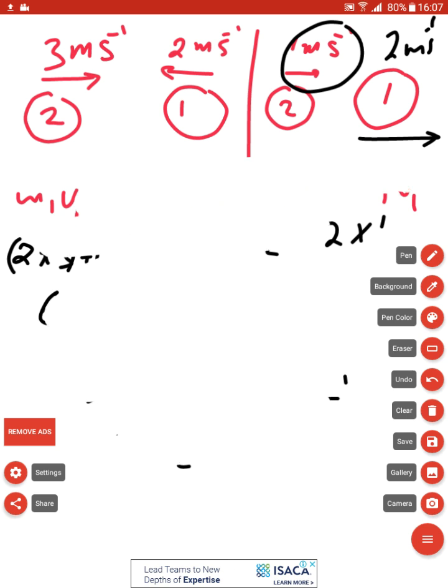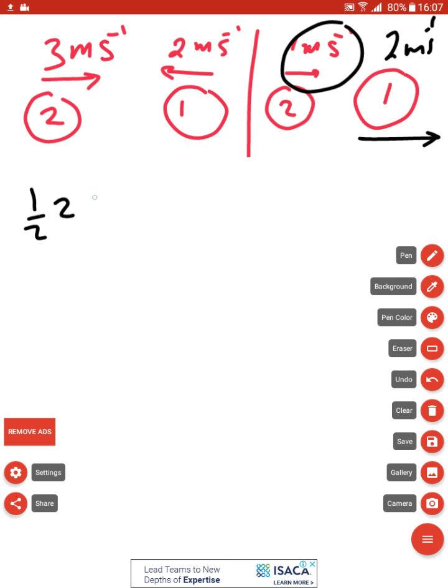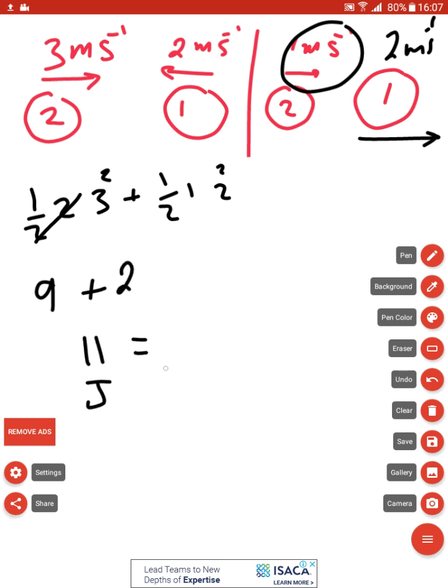The kinetic energy before is half m v1 squared plus half m v2 squared. This is 9 plus 4 over 2, which is 2. We have 11 joules before collision.